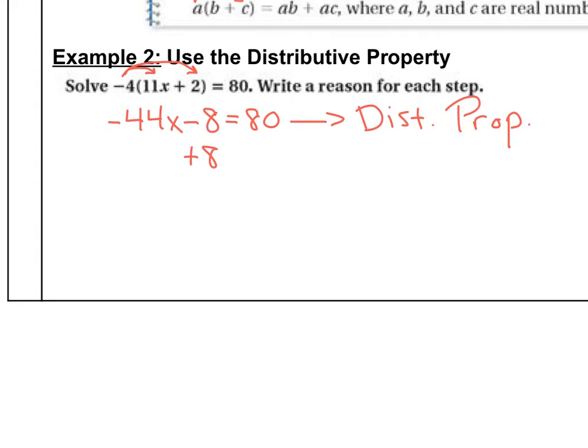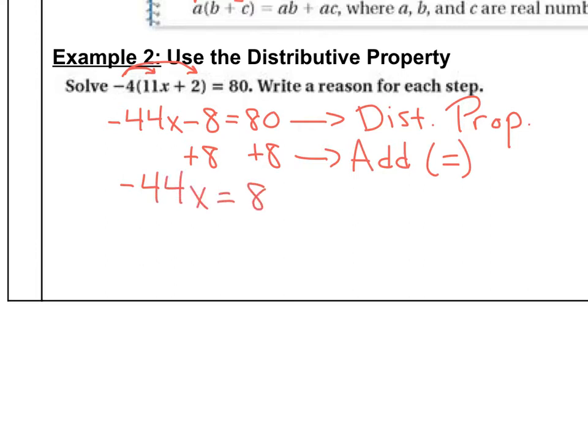Okay, and then like we've done before, x's are all on one side, so we want to get everything away from x, so we're going to add 8 on both sides. That is going to be the addition property of equality. We'll get -44x = 88. Whoops, 88, not 80. That's going to be our simplify.